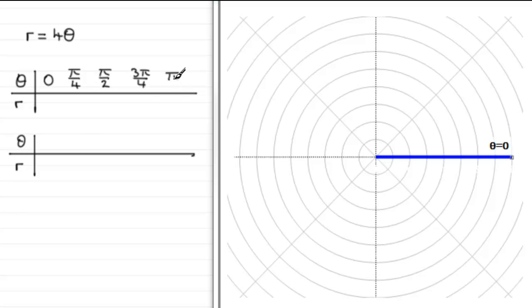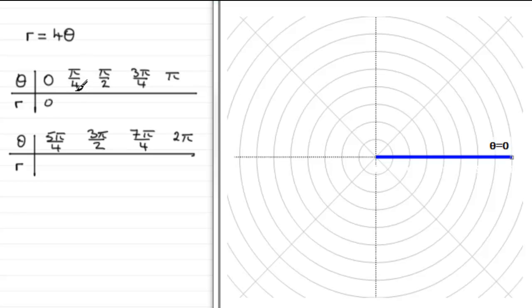So after pi radians, if I add another pi upon 4 radians, that's going to be 5 pi upon 4. And then you've got 3 pi upon 2, and then 7 pi upon 4, and then 2 pi. Okay? So when theta equals 0, if we substitute it in here, 4 times 0 just gives us 0.